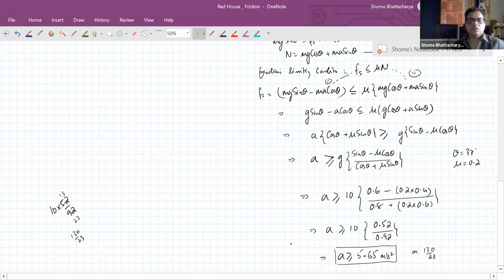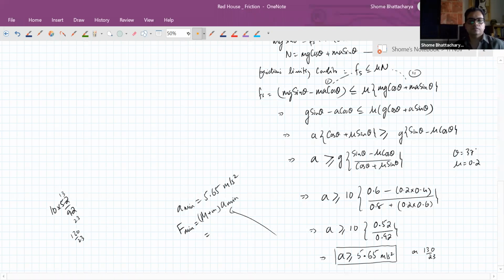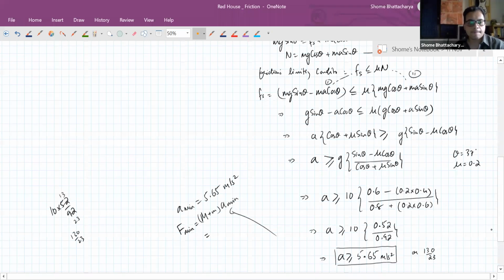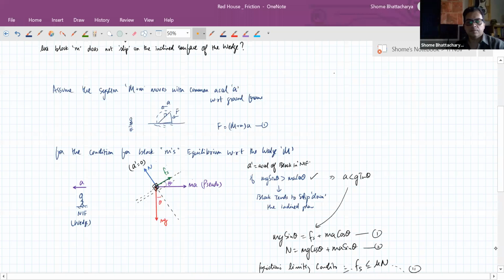Okay. So this is telling me that the minimum acceleration I require is 5.65 meters per second squared. From that I'll get the minimum amount of force I need to apply, which is capital M plus small m into A minimum. So that we will get as 30 into this value here, 25 plus 5 here.